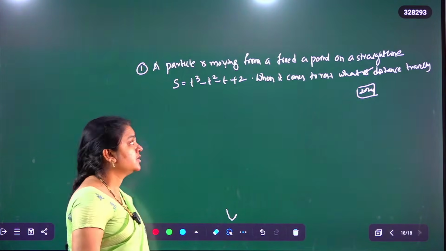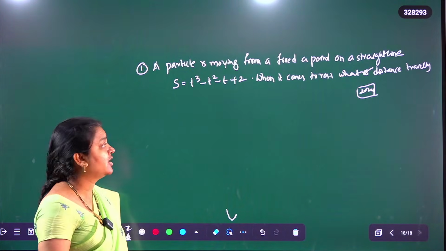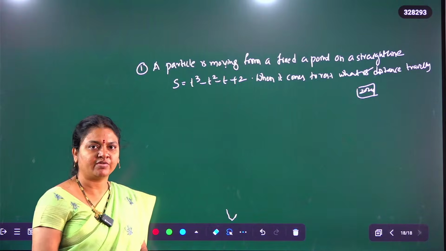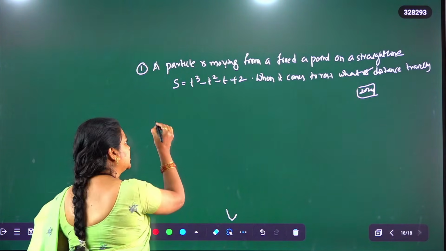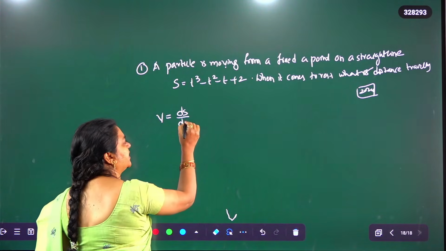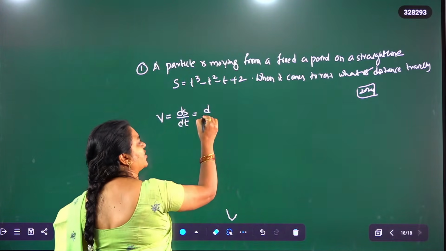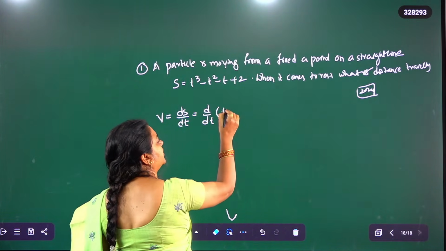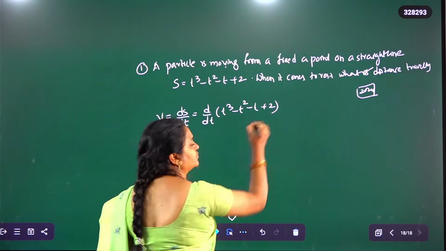Answer. First, we need to find when it comes to rest. When it comes to rest means there is no movement. So first we need to find the velocity. What is the velocity? ds by dt. That means we need to find d by dt of t cube minus t square minus t plus 2.